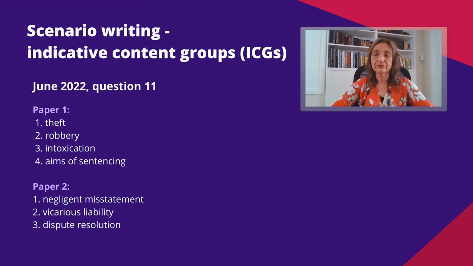Questions 10 and 11 will typically have between 2 and 4 areas of law, or ICGs, that will be assessed in a question. Although marking is holistic, the quality of each of these ICGs will be considered in the marking process in terms of the band descriptors. So it is important in devising a problem question to consider how many ICGs you are going to include.